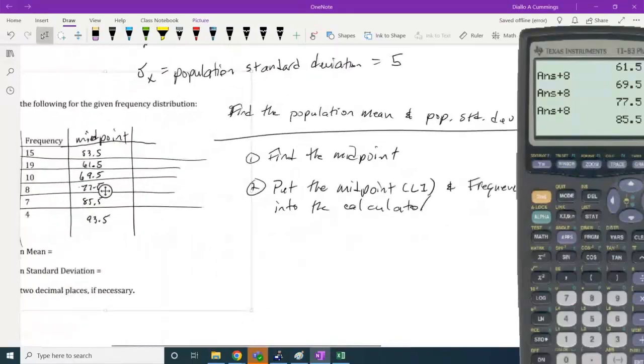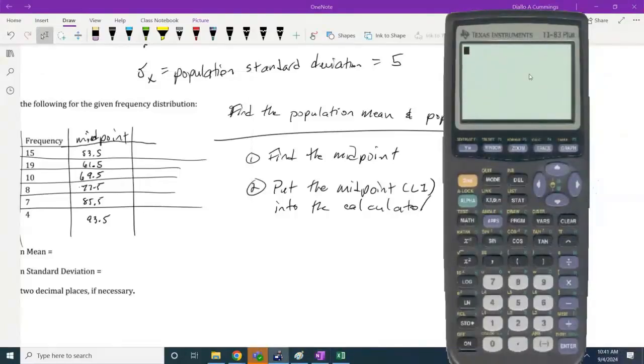So we had a frequency distribution, we found the midpoint, and now I'm going to use that midpoint. I'm going to put that into list 1. I'm going to put the frequencies, or the counts, into list 2.